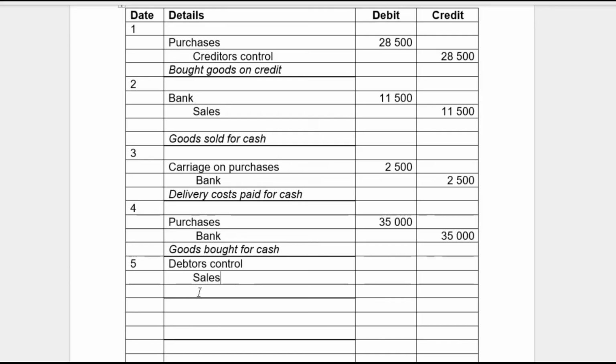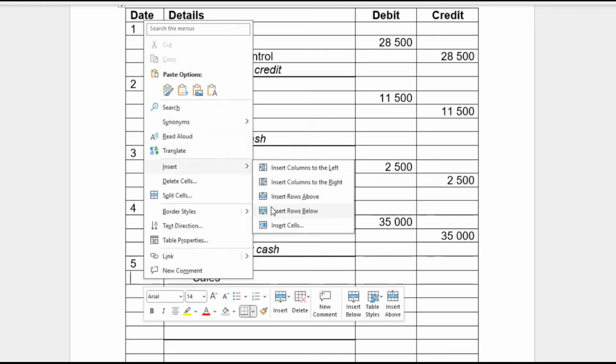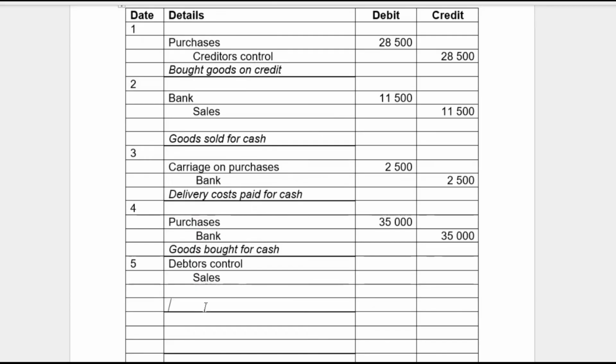And then when you record, the narration would be goods sold on credit. The narration part is this one. So your narration will be goods sold on credit.